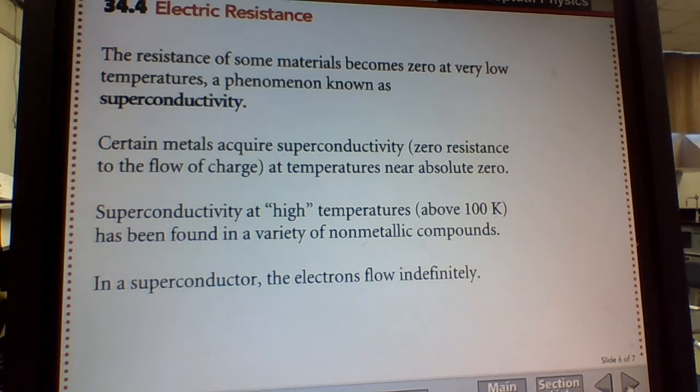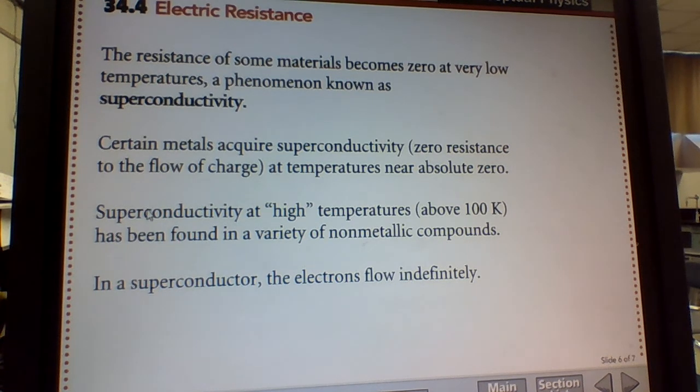And superconductivity would be absolutely fantastic if we could ever get substances that had very little or zero resistance at temperatures more like room temperature.